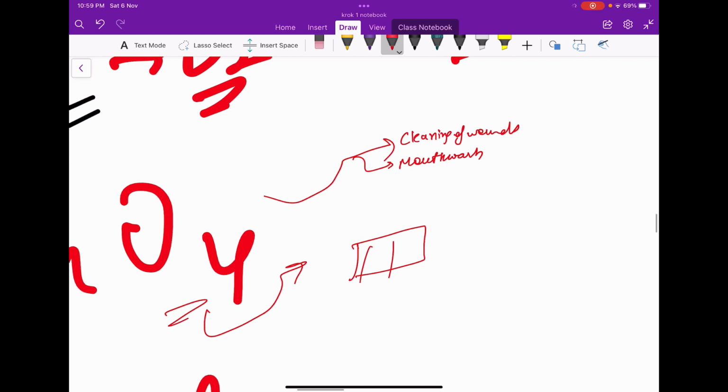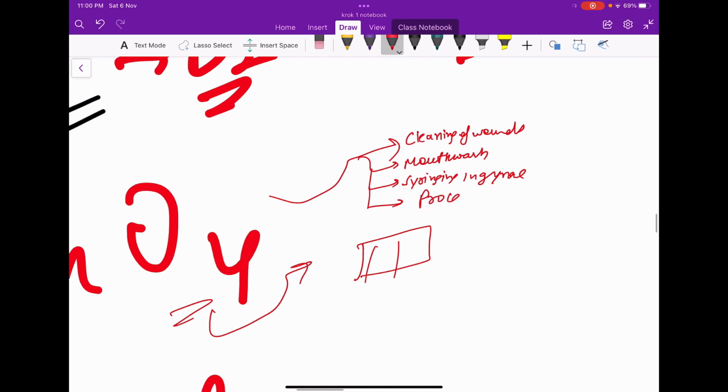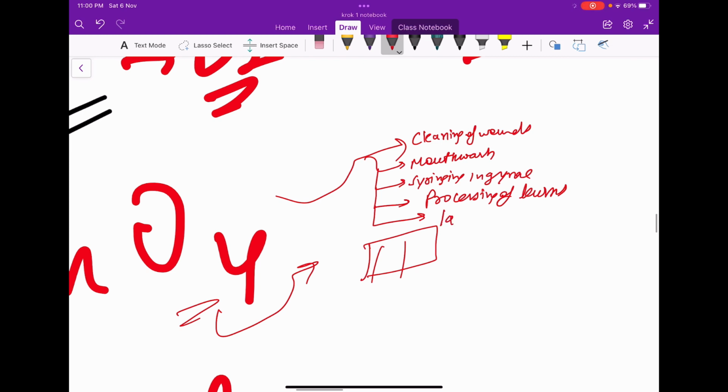Thereafter, it is also used for syringing in gynecology. Thereafter, in the processing of burns. And the last is the lavage of the stomach in the case of acute poisoning. With what poisoning? It's with morphine, alcohol, alkaloids, etc.